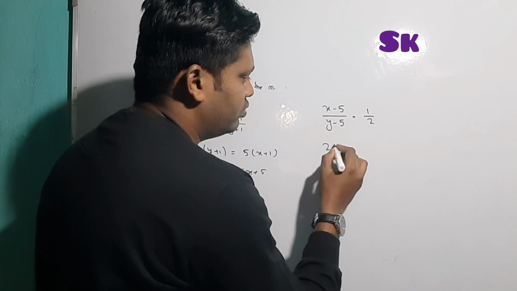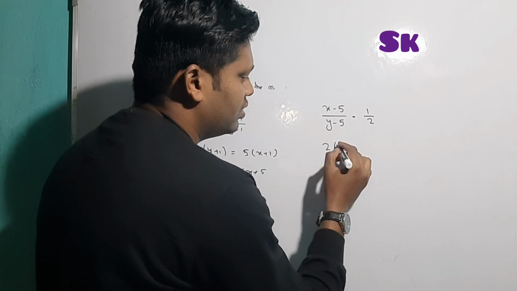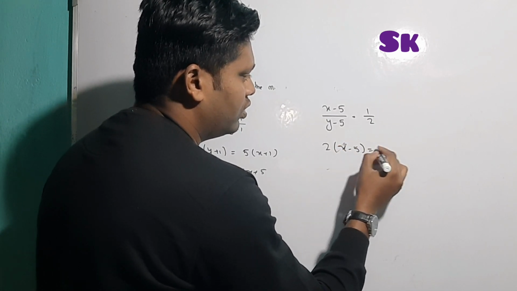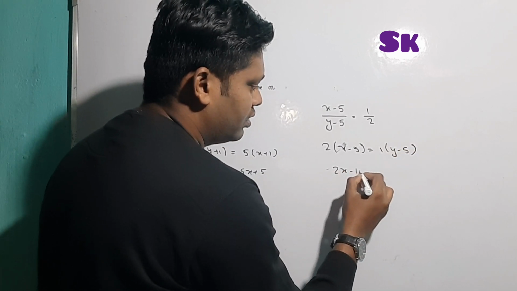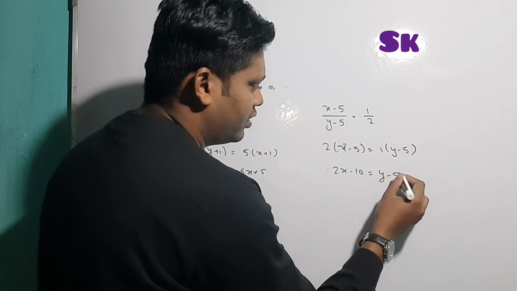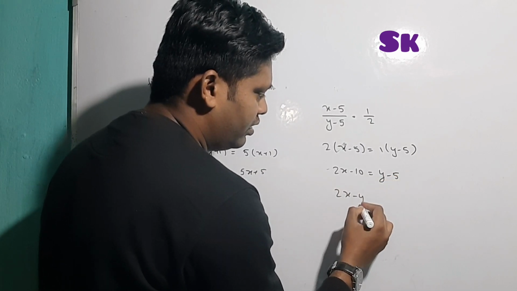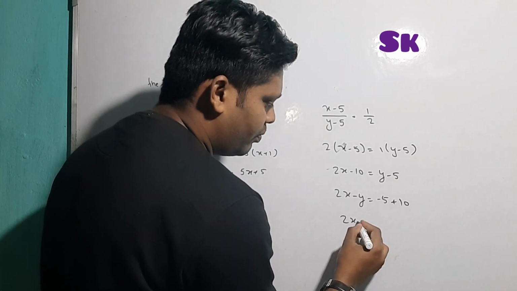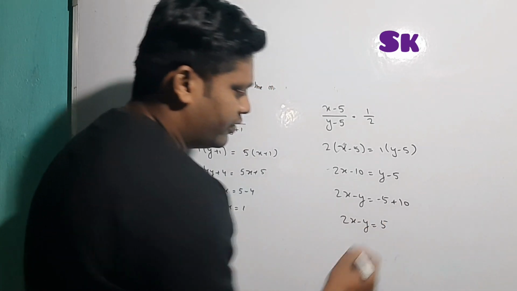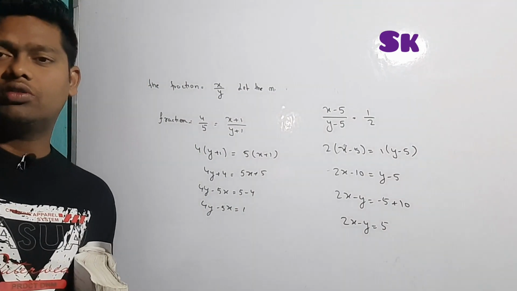So cross multiply 2. It will be how much? x minus 5 equal to 1, y minus 5. 2x minus 10 is equal to y minus 5. So 2x minus y is equal to minus 5 plus 10. So 2x minus y is equal to 5. Equation number 1, equation number 2. You will solve, you will get your answer.